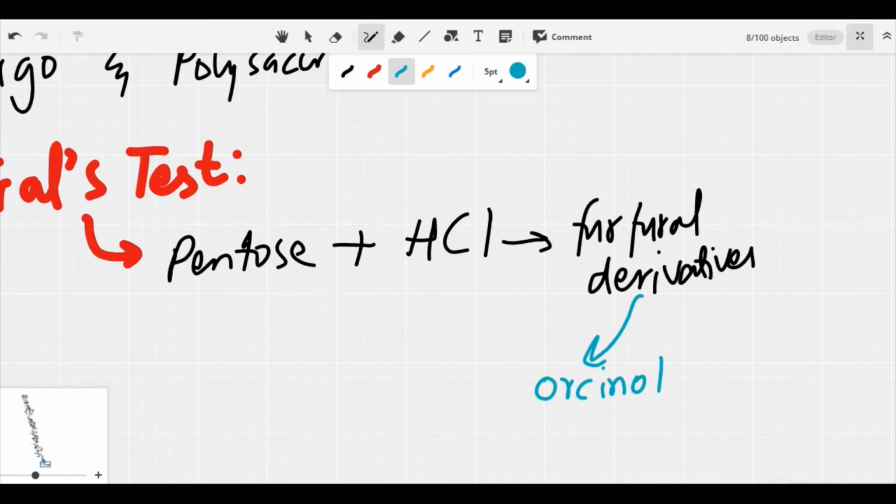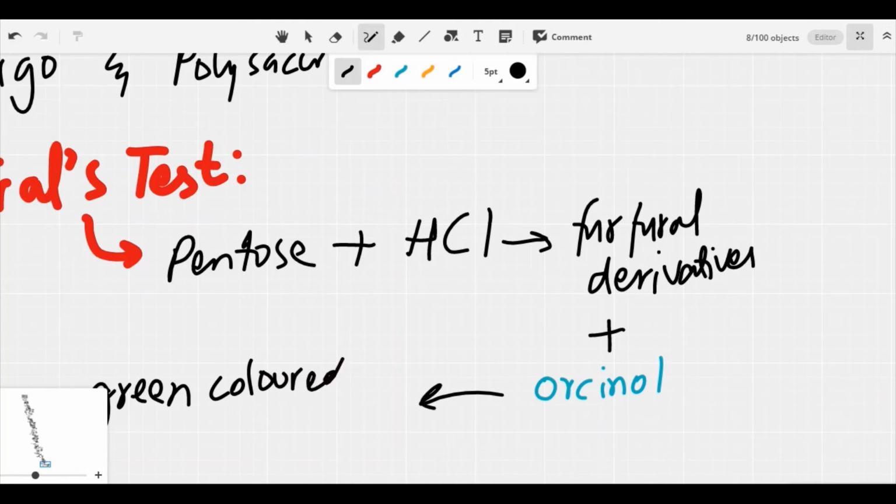If we react those derivatives with orcinol, that will make a complex of green colored complexes.